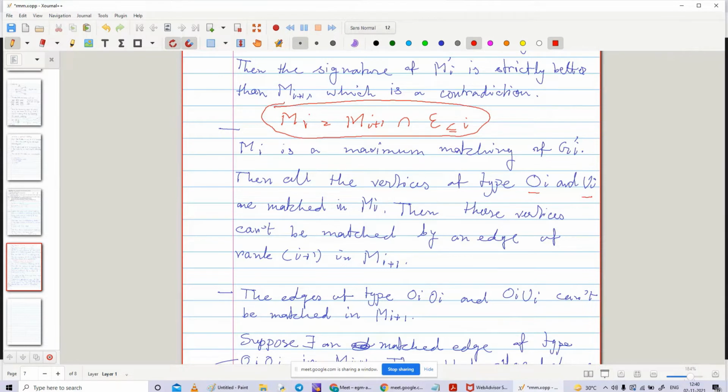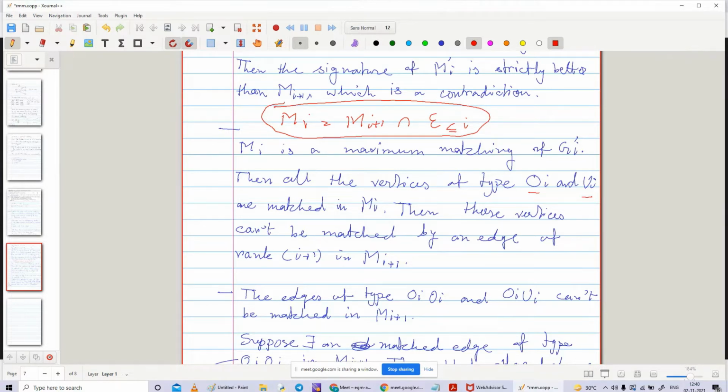Okay, so think of it this way: M_i is a matching we get by removing some edges of M_{i+1}. All the edges present in M_i are also present in M_{i+1}. The only thing is that M_{i+1} has some more edges, those of rank i+1.